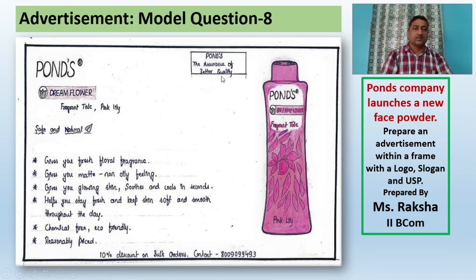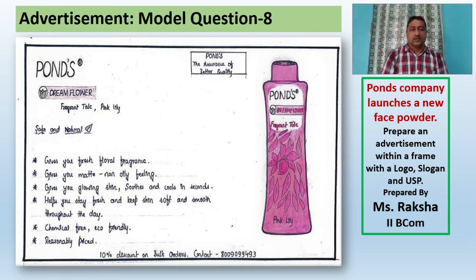You can see assurance of better quality here. Dream Flower is the variety, the product name here. And you can also see fragrant talc, pink lily variety. And safe and natural, that is another catchy, attractive slogan used here. And we have about 6 points as USP.